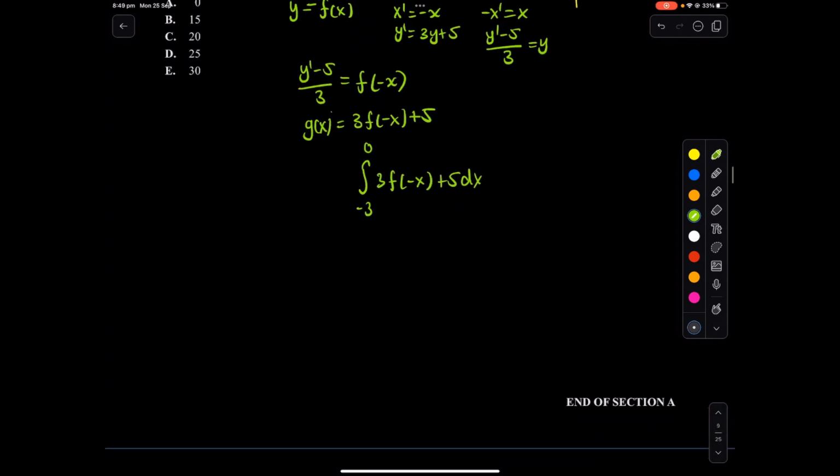Yes. And let's split that. So it'll be the integral from negative 3 to 0 of 3f of negative x dx, plus the integral from negative 3 to 0 of 5 dx.